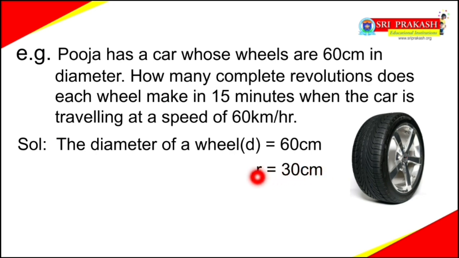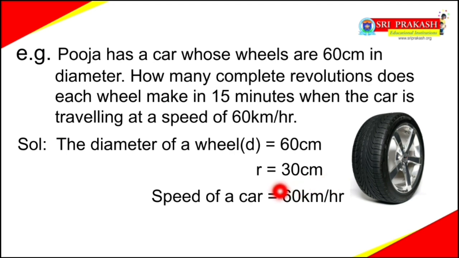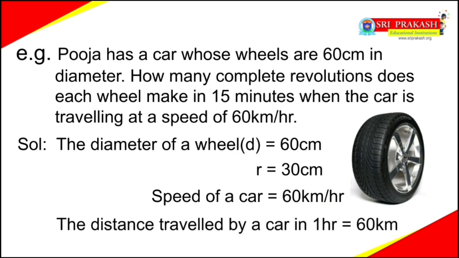So, the radius of a wheel is equal to 30 centimeters. Next, the speed of a car is equal to 60 kilometers per hour. It means the distance traveled by the car in 1 hour is equal to 60 kilometers.